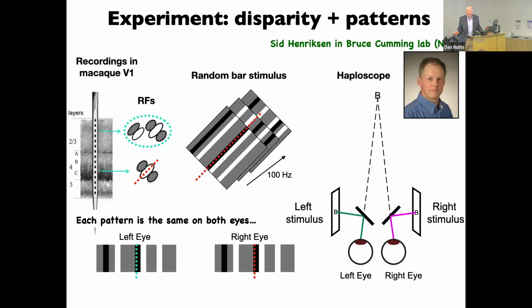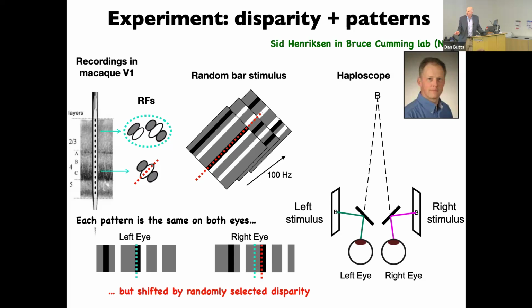For a given pattern, it's presented to both eyes, and if you look closely, it is the same pattern presented to both eyes at the same location. But with each update of a new pattern, you also update the disparity, so the next image might be at a different disparity, and so on. So the disparity is randomly changing in a way that's uncorrelated with the pattern.